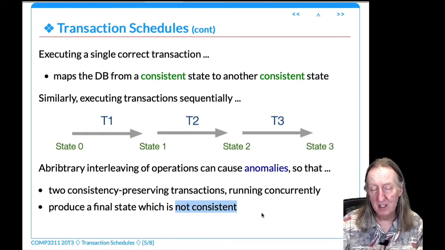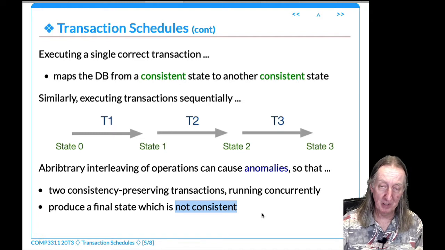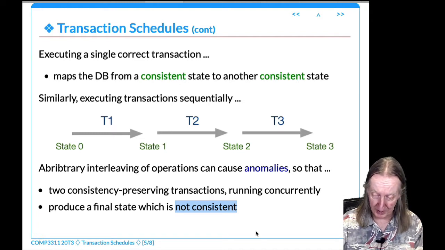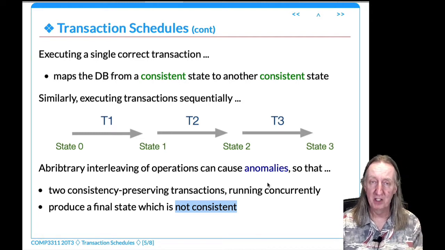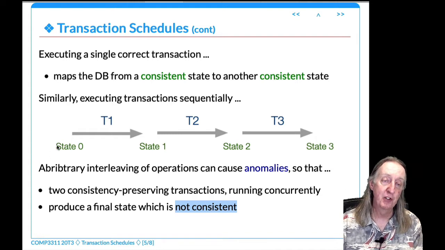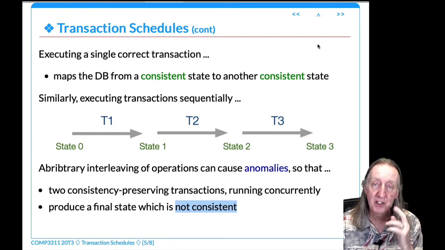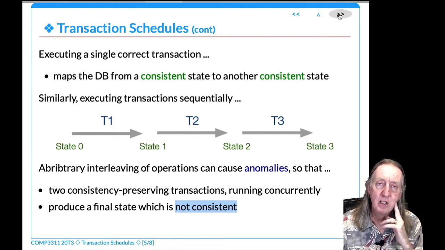So somehow the interplay of the read and write operations in the two transactions, the order that those operations happen to be done, has caused the overall effect of the two transactions to not be like this, but to produce some weird hybrid incorrect state, if you like.